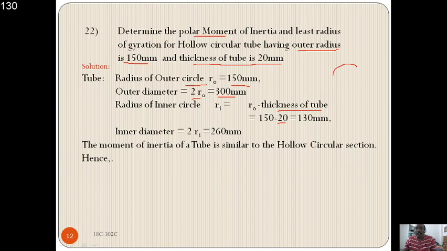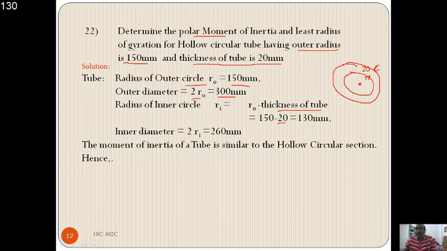So, if the tube is like this, let us say, this is the thickness. The thickness, from this point to this point, is 20 mm. Hence, we need to subtract this 20 mm to get the inner radius.